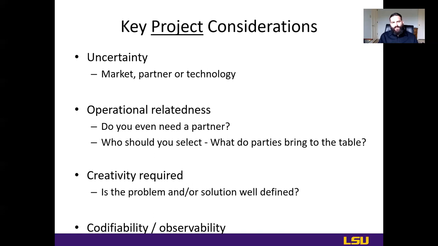You can also think of uncertainty from the partner standpoint. I know today that we're talking about collaborating. How comfortable do I feel that you will be around in a year? How comfortable do I feel that you will be around in 5 years? If I'm ExxonMobil and I'm thinking about collaborating with British Petroleum, BP, I can feel pretty comfortable that they will exist in 2021.